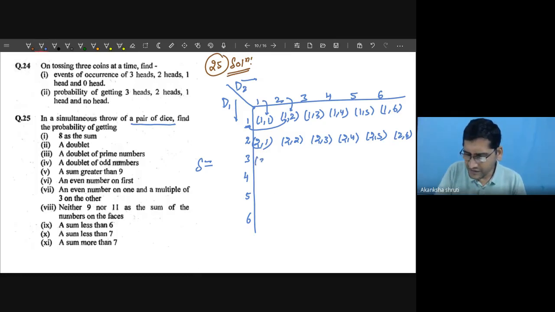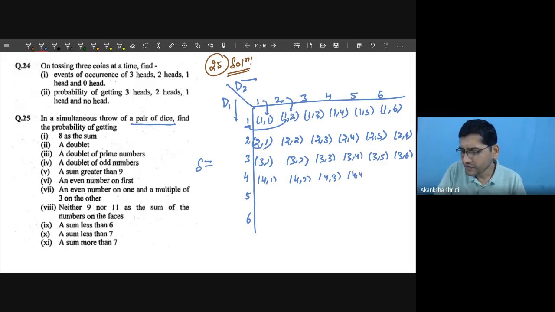Next, 3,1; 3,2; 3,3; 3,4; 3,5 and 3,6. Do the same for 4,1; 4,2; 4,3; 4,4; 4,5 and 4,6.